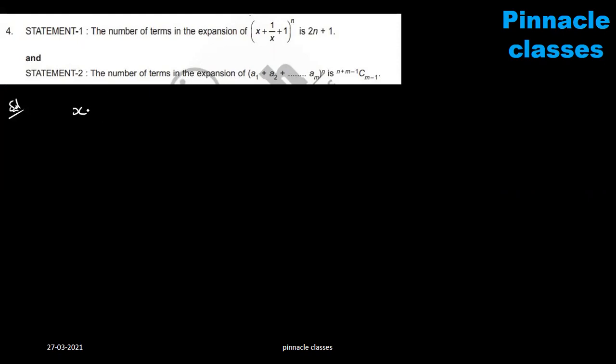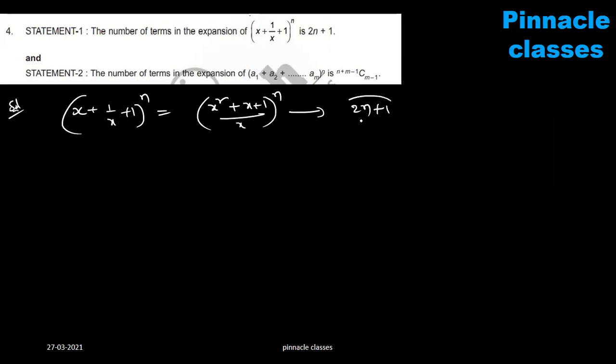Number of terms in (x plus 1 by x plus 1) whole power n. Generally, if you are taking the LCM, (x square plus x plus 1) by x. Expanding, what is the degree? Degree 2n is coming. Just add 1, so the number of terms is 2n plus 1. That means statement 1 is correct. So the statement is true.